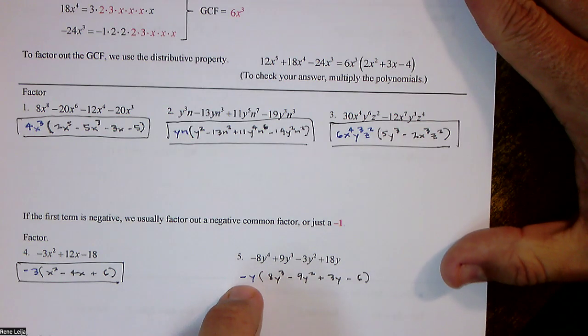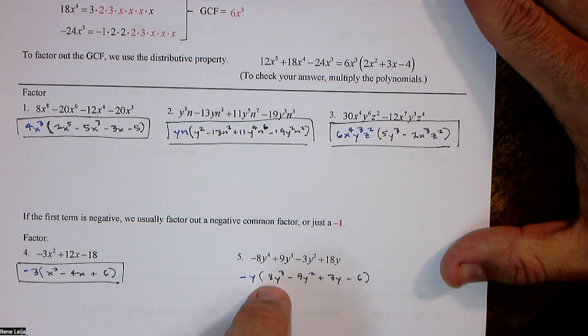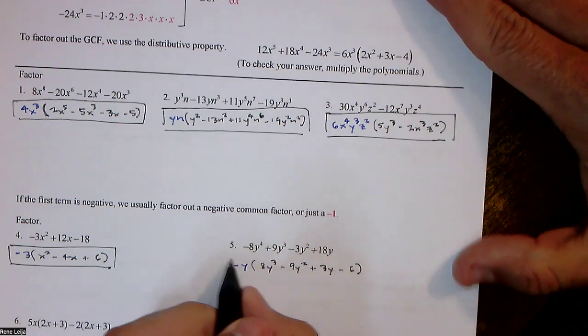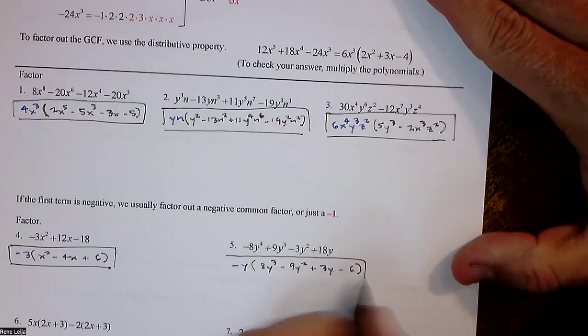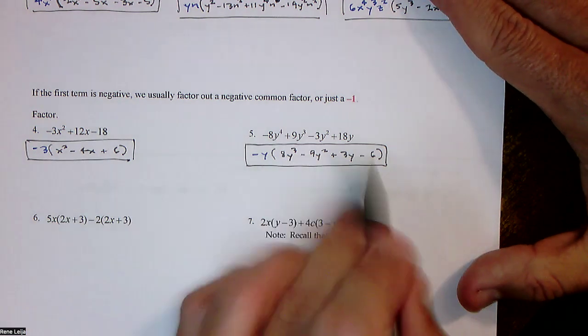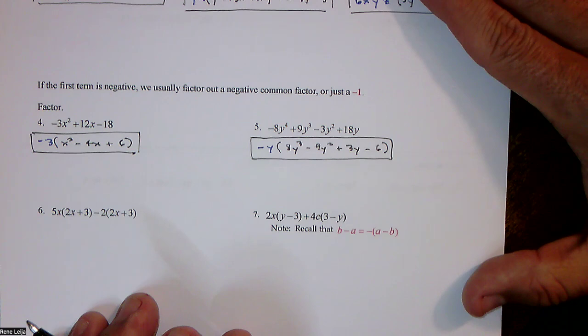So if I pull the negative out, then my signs have to change. So that's why that changed to positive, that changed to negative, that changed to positive, that changed to negative. Okay. And so for right now, we're just getting you used to taking out the GCF. Later, whatever is left over is going to be able to be factored.